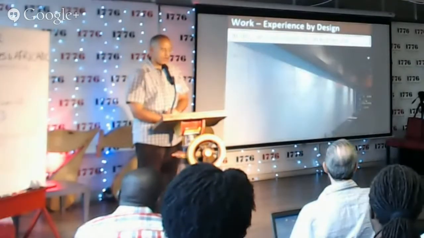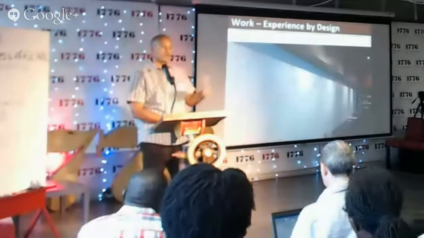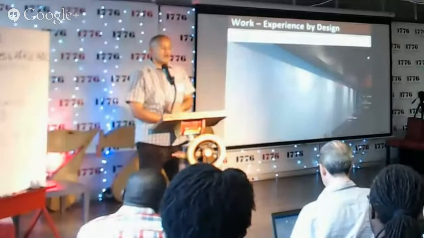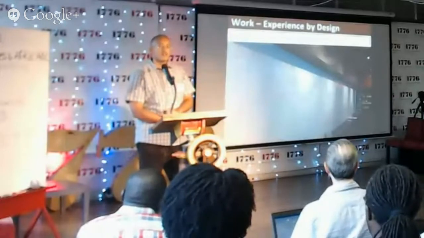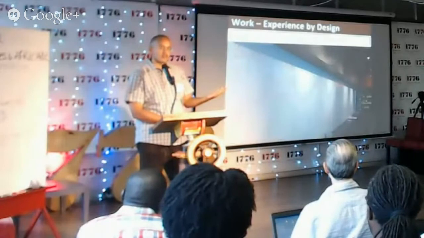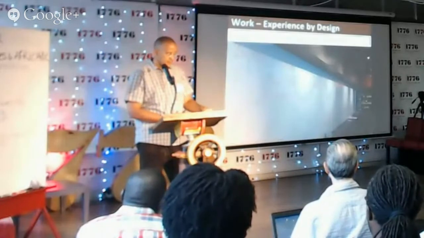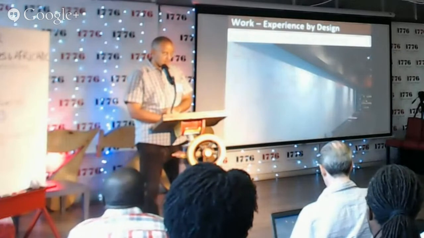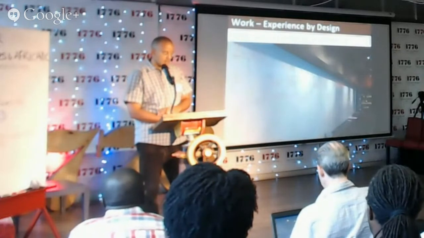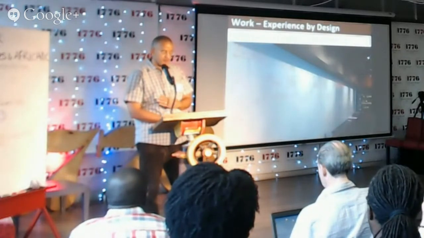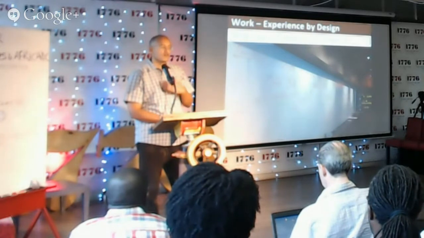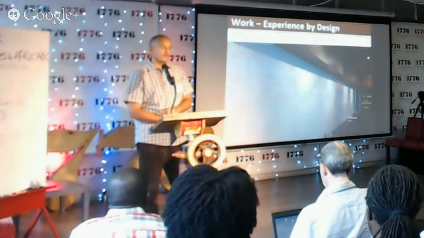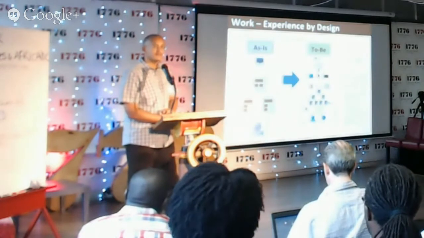As far as my involvement in user experience, I'm an information architect. What that means is I spend a lot of time organizing, planning, and creating blueprints and specifications. Here are the types of models that I create.